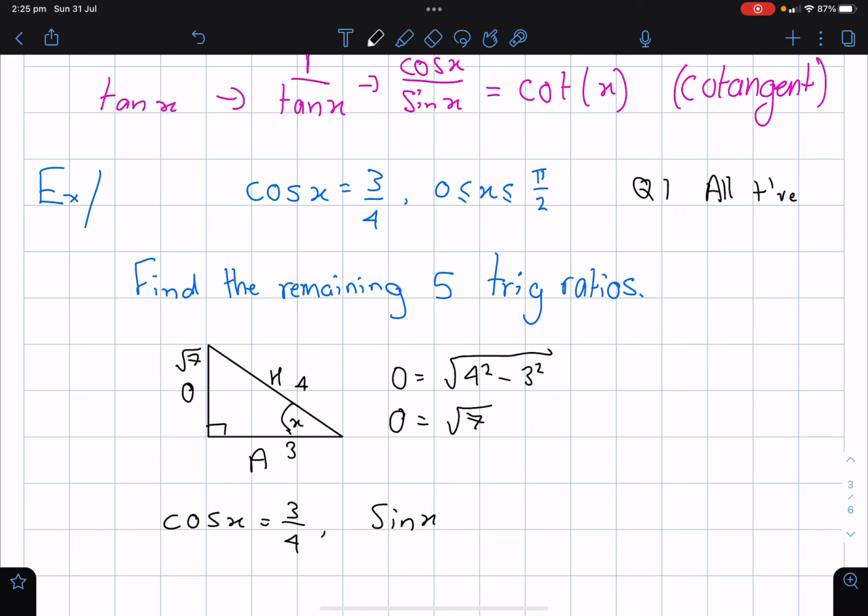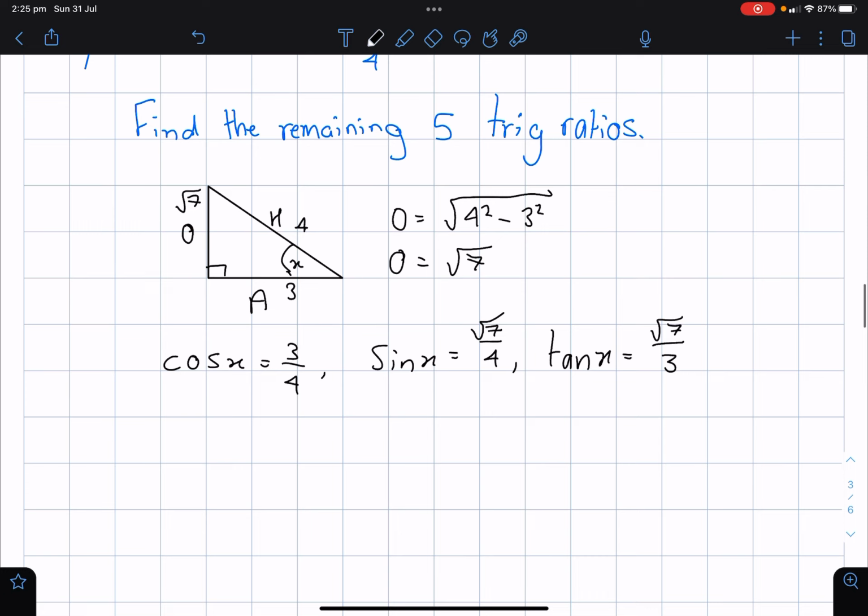Sine of x is opposite over hypotenuse, so that is root 7 on 4. And tan of x is equal to opposite over adjacent, so root 7 on 3.